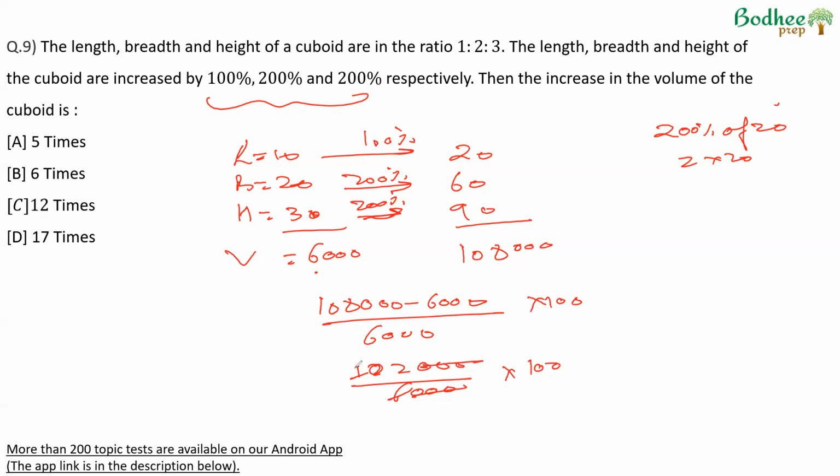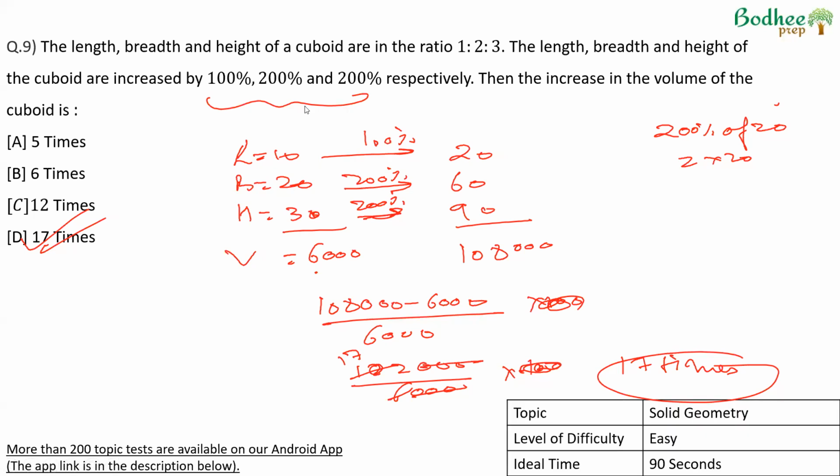The 000s cancel. 6 ones are 6, 6 sevens are 42. And therefore 1700%, or 17 times, is the increase. We don't have to find the percentage. The increase in volume is 17 times, so the volume becomes 18 times. Again, more an application of percentage than mensuration. Overall, an easy question.